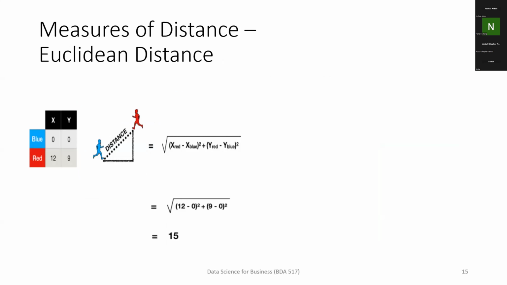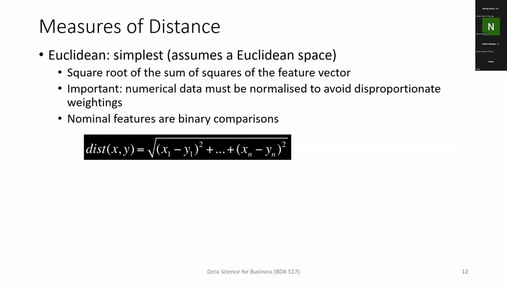It's 3. It cannot be 3. How did you calculate the 3? I think it's 9. Yeah, 0 minus 0. Yeah, I think the 9 is correct.